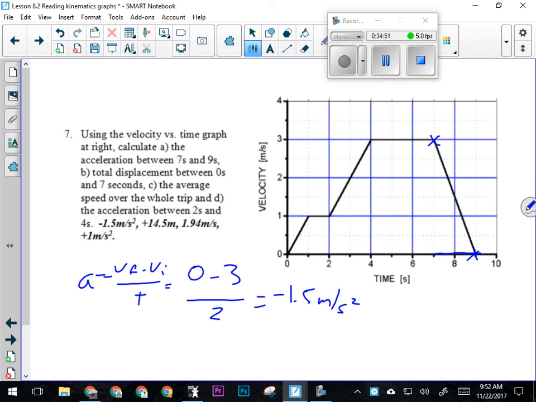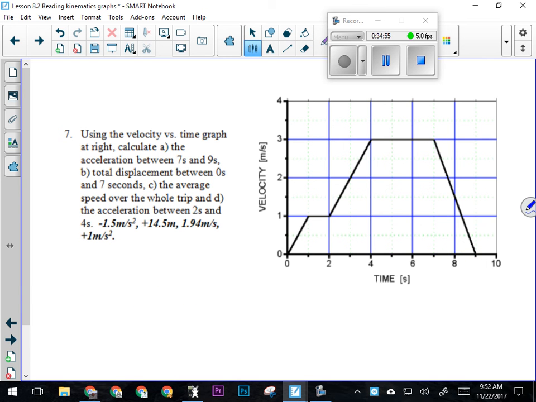For part B, what's the total displacement between 0 seconds and 7 seconds? We've got to figure out our shapes here. I'd say a triangle there, maybe a rectangle to 7 seconds, and then probably a shape like that. Those are probably the shapes I'm going to need. I've got this little triangle here that's 1 by 1, so its area is 0.5.